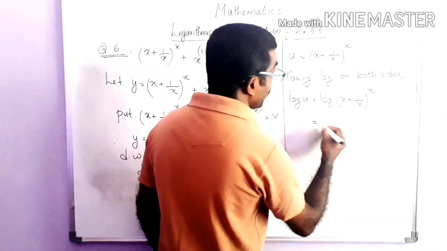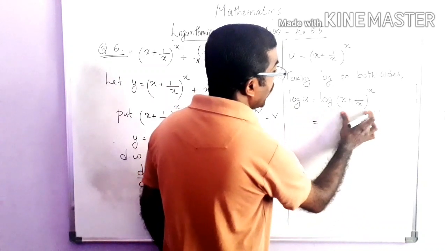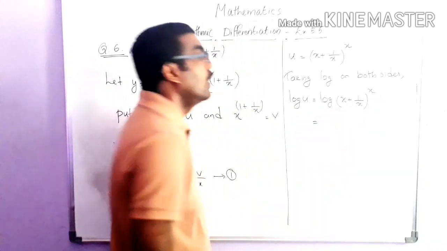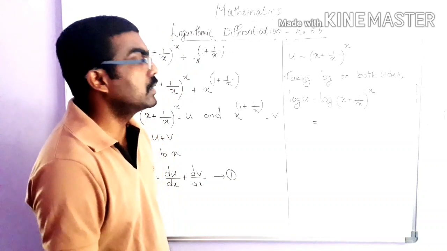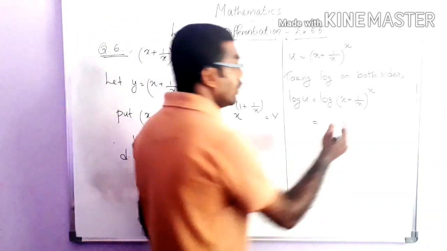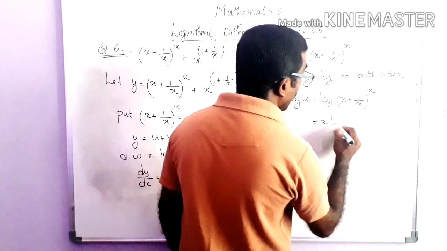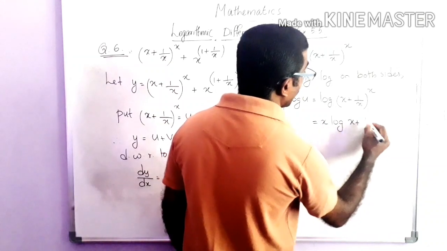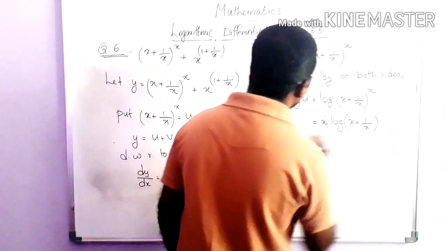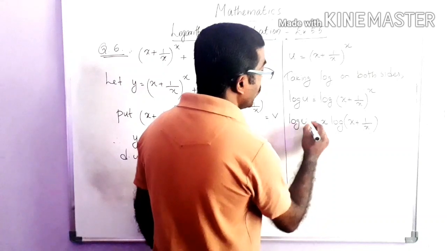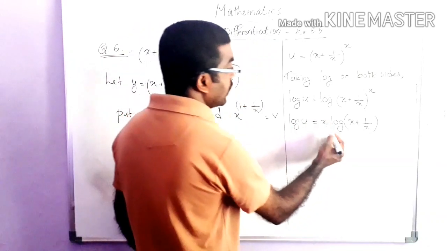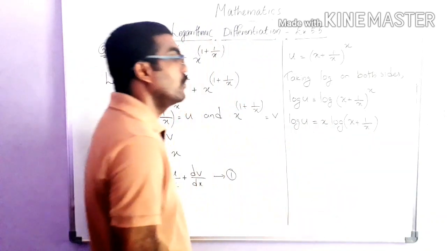Now you can apply the property of logarithm: log a^b is equal to b log a. So we can write x into log (x + 1/x), that is log u = x log (x + 1/x).